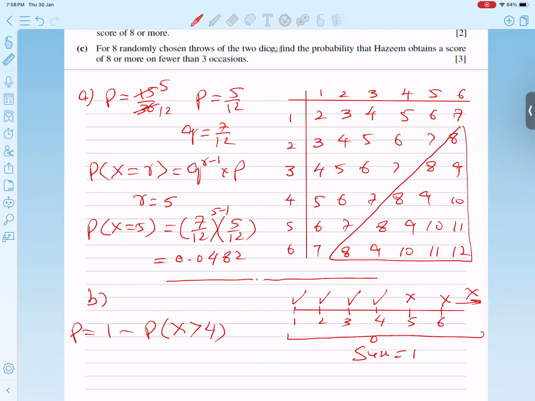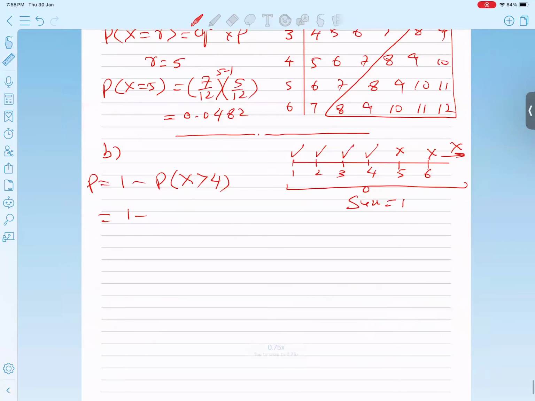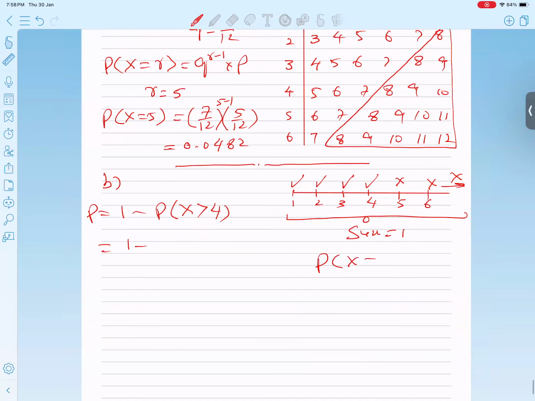Have a look now. So 1 minus, and what is the formula for more than? We have two formulas for geometrical probability: one for equal to R and one for more than R. Equal to R is q to the power R minus 1 into p, but more than R is q to the power R only.